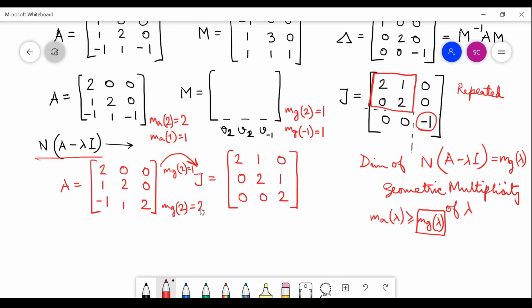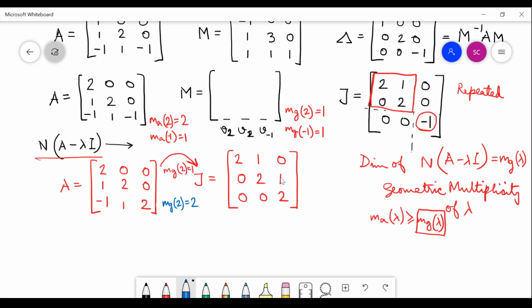So in this case I will show it with blue, in the same block. So if my mg2 is 2, that means there would be two Jordan blocks. Now there are three eigenvalues and two Jordan blocks.